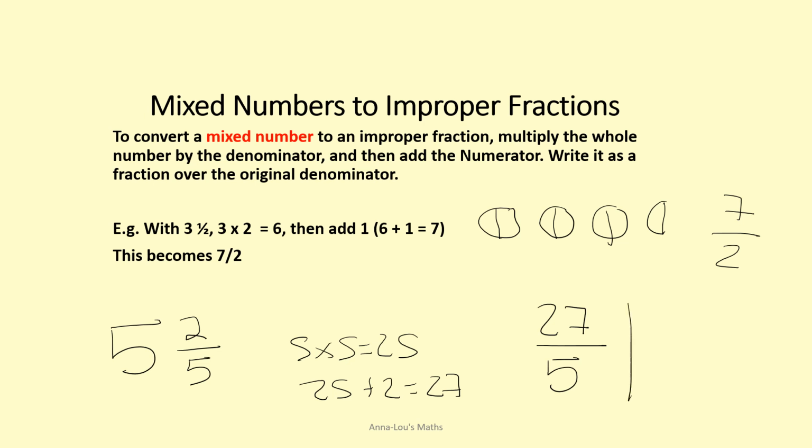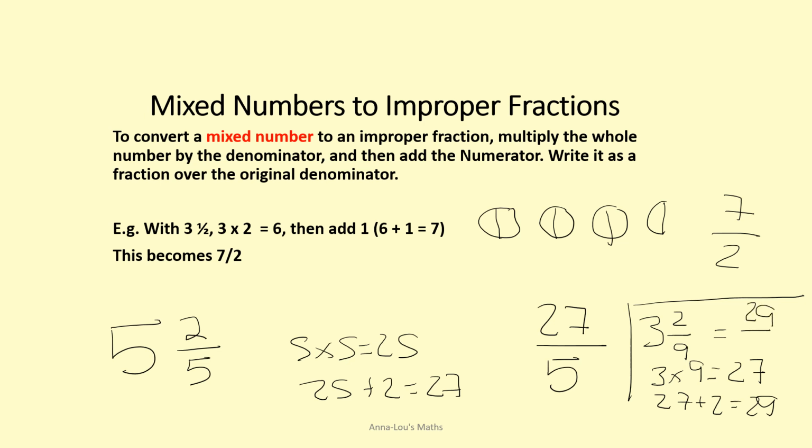We'll do one more of these together and then we'll look at some examples. So let's say I had 3 2/9. I'm going to do my 3 times 9, which gives me 27, plus my 2 gives me 29. So 3 2/9 is 29/9.